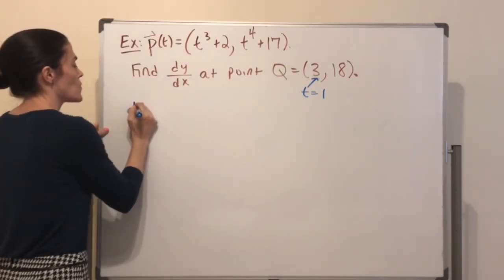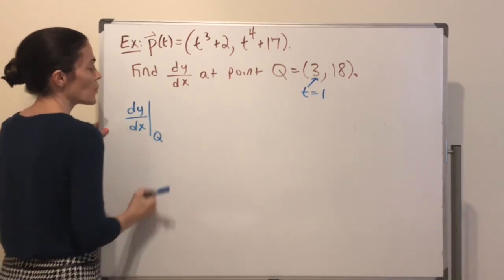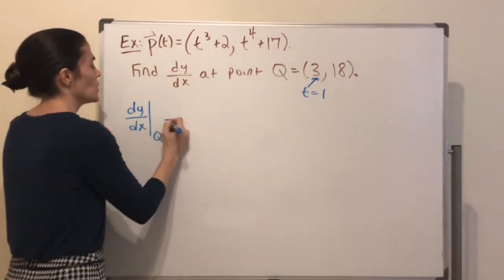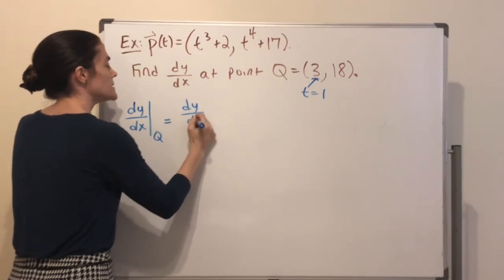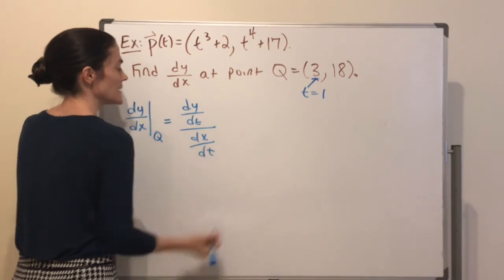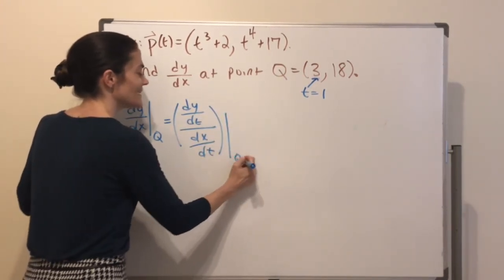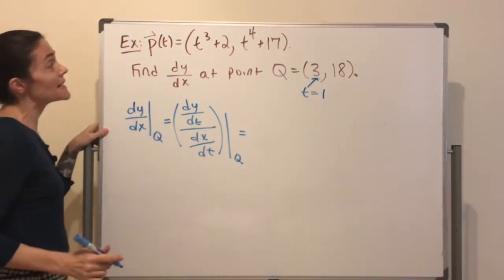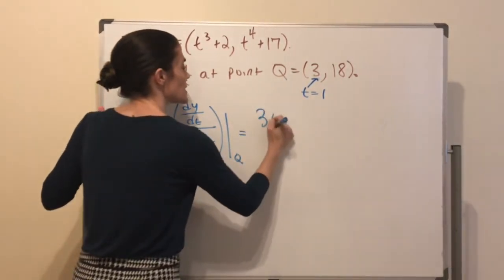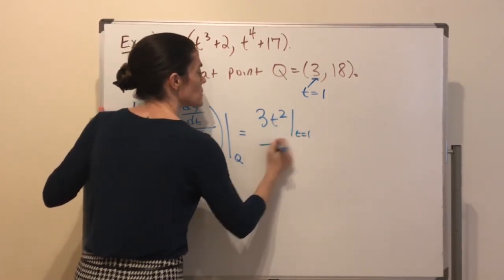So we want dy/dx at the point q, which is dy/dt over dx/dt, all at the point q. Well, dy/dt is 3t squared, at t equals 1.